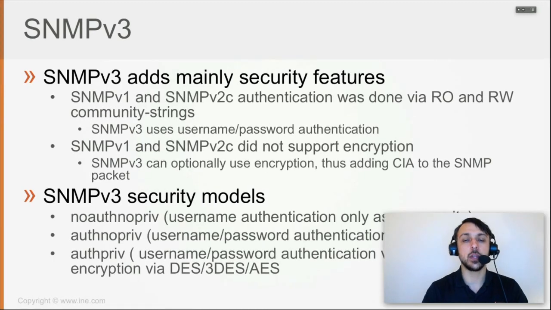Now you might ask why I stated that in general the most commonly seen is auth, noPriv. Because although auth-priv is the ultimate goal, as it offers both proper authentication and encryption of the packet, the problem with auth-priv is that the SNMP manager has to support encryption and has to be able to decrypt a lot of traffic in real time.